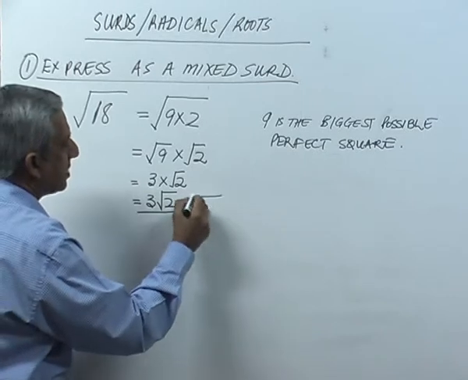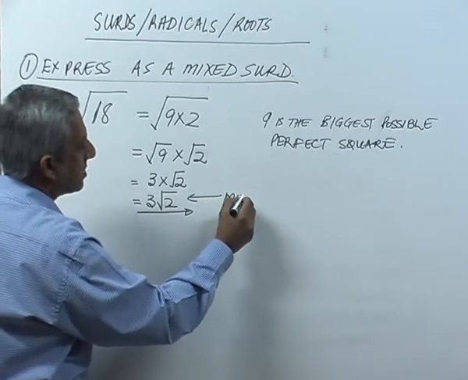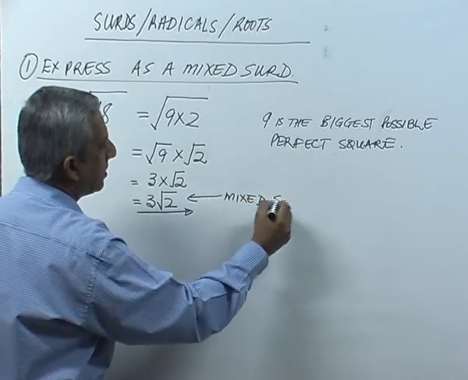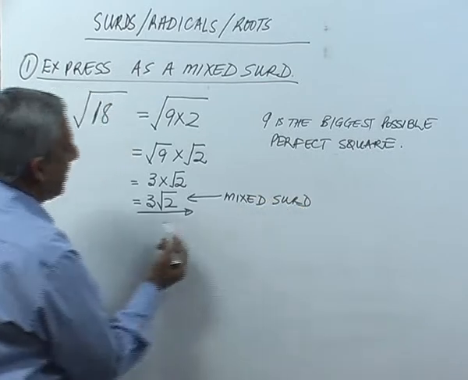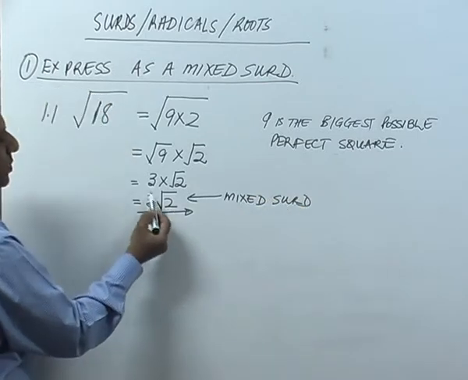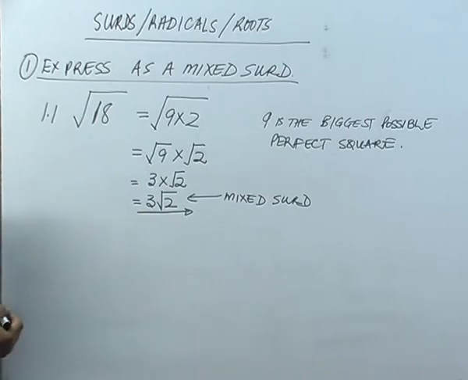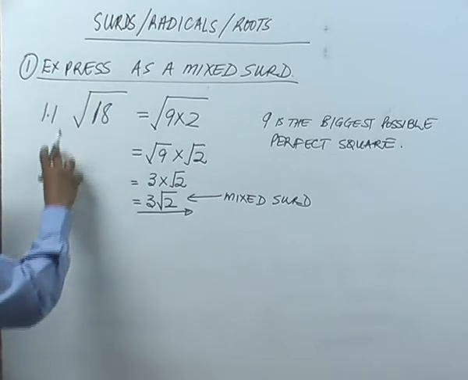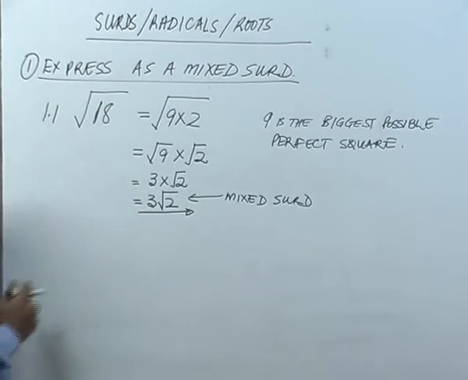So this is called a mixed surd because it is a surd mixed with a whole number. So that is the meaning of writing numbers as a mixed surd. So we took a surd and we wrote it as a mixed surd.